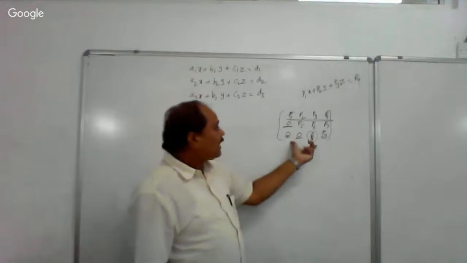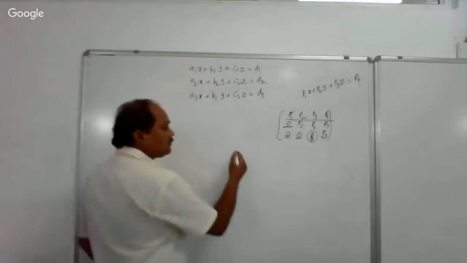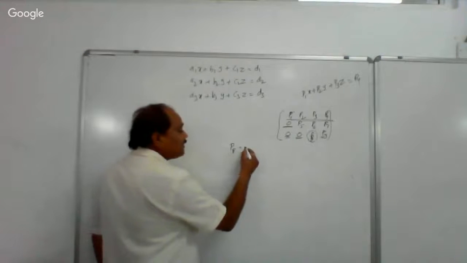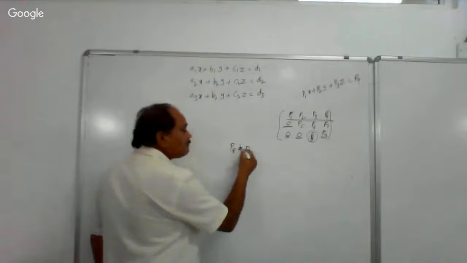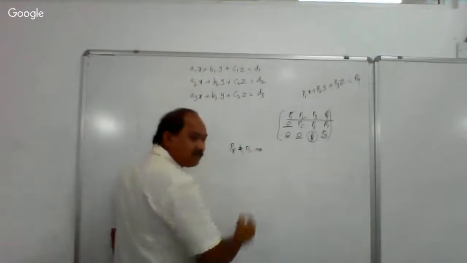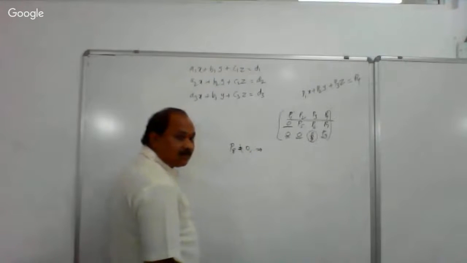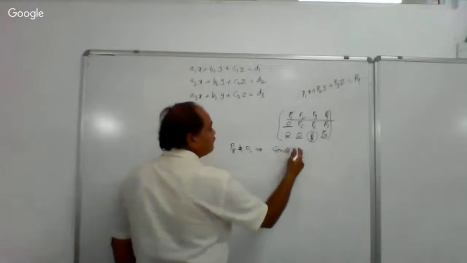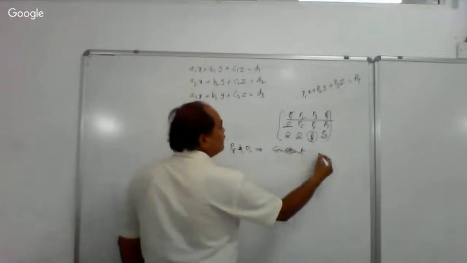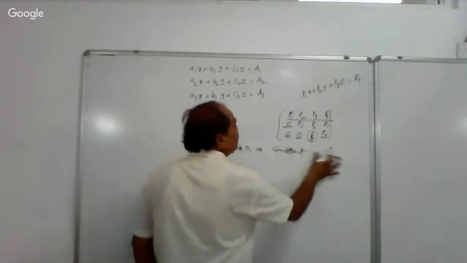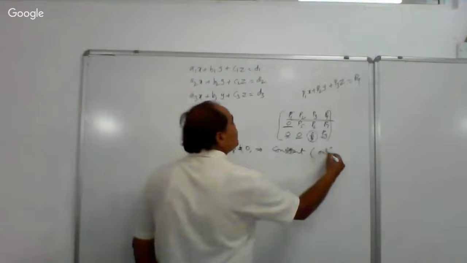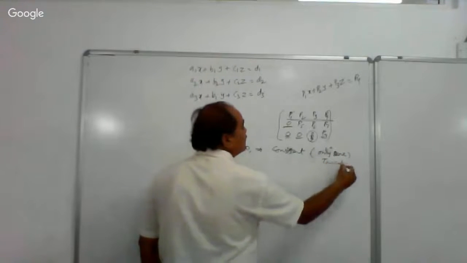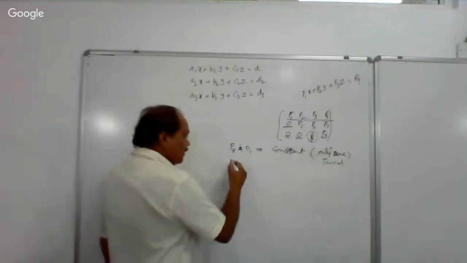Okay? After getting the echelon form, suppose p8 not equal to 0, then the system is consistent and has only one solution. Only one. That is also called the trivial solution.